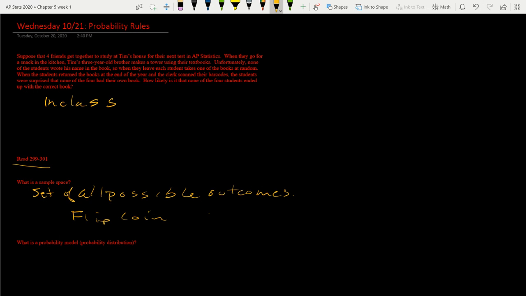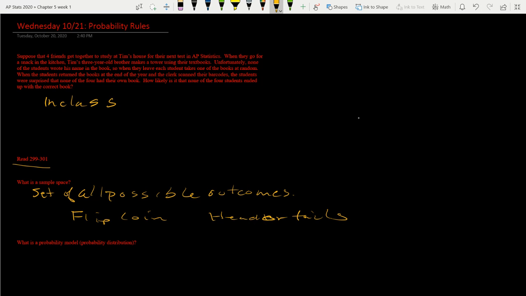You have two options. You're going to either get a heads or tails. Those are your two options. So your sample space is either the event is a head, that's an outcome, or it's a tail, that's an outcome. Dice, 6 sides for a dice.